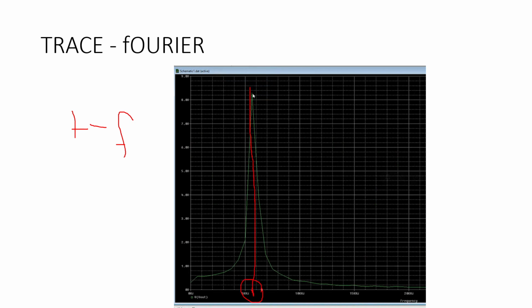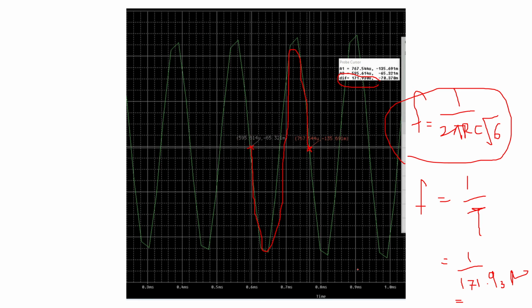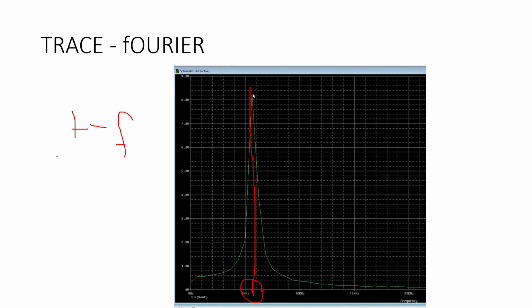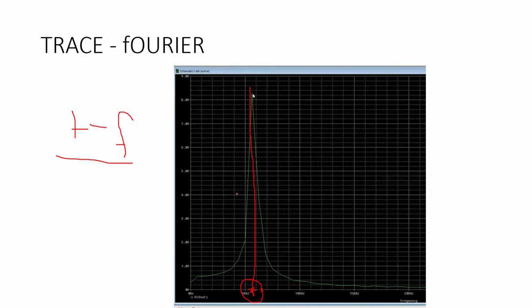So there are two ways to check the frequency: by measuring the T, or you change to Fourier and check the F. I think that's all for the briefing of the lab by PSpice.